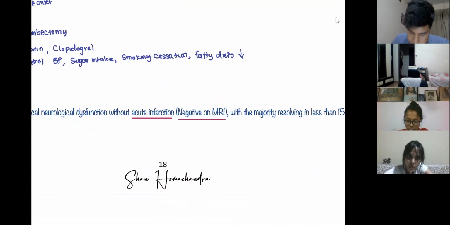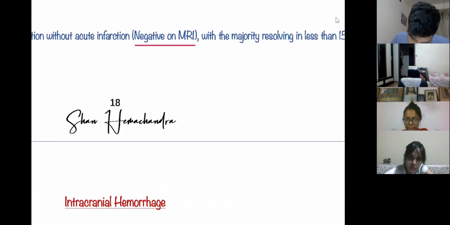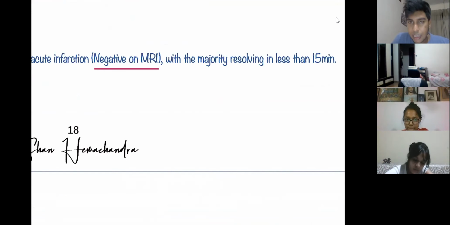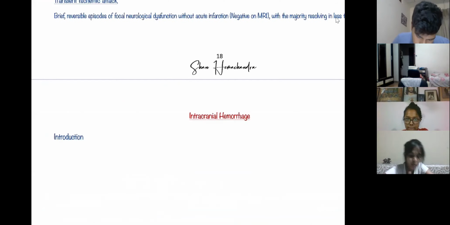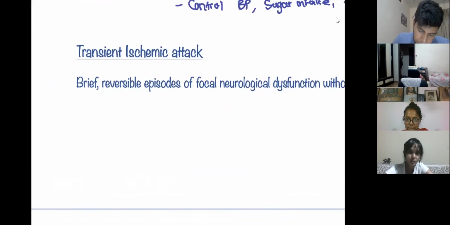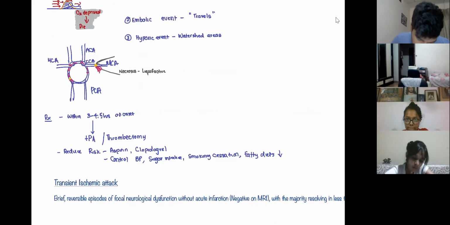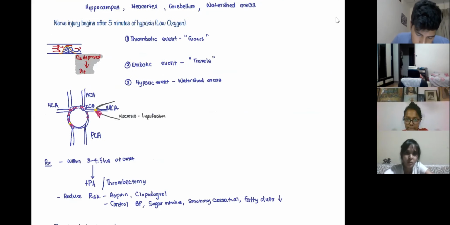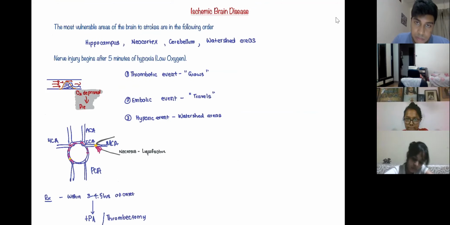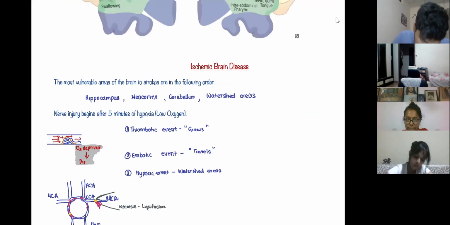I will teach you how to read an MRI. And they usually resolve in less than 15 minutes. We will talk about focal dysfunction too, don't worry. Just follow this lecture as it goes. I hope you guys understand what is an ischemic brain disease or ischemic stroke. You can change this topic to ischemic stroke.